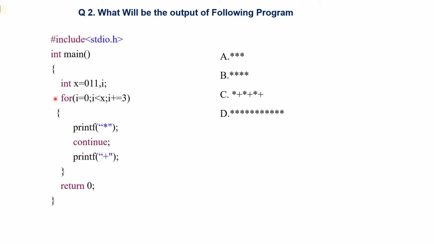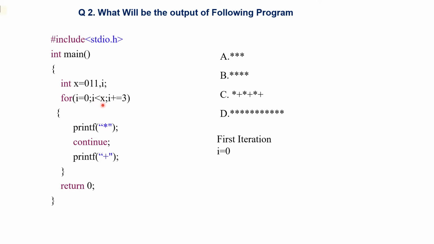Consider the next statement, which is the for statement, where firstly the initialization will be done. So for the first iteration i becomes 0, then the condition will be tested. The condition here becomes i less than x. The value of i is 0, so the condition becomes 0 less than 9.